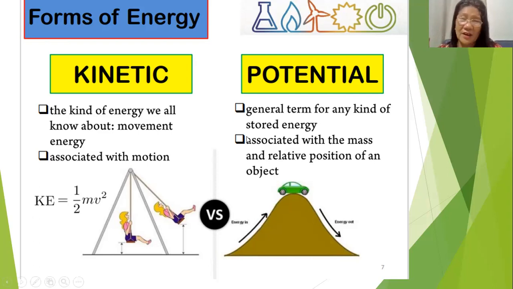If we talk about energy, this is the most basic form, kinetic and potential. How about potential? Its general formula is potential energy equal to mass times gravity times height.